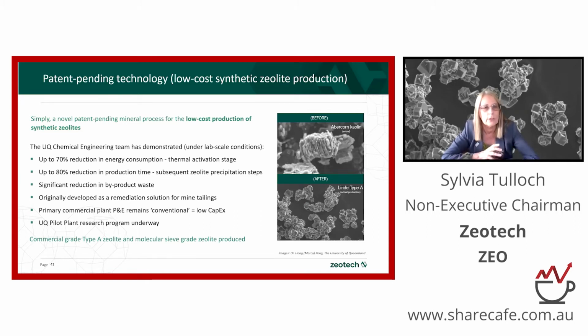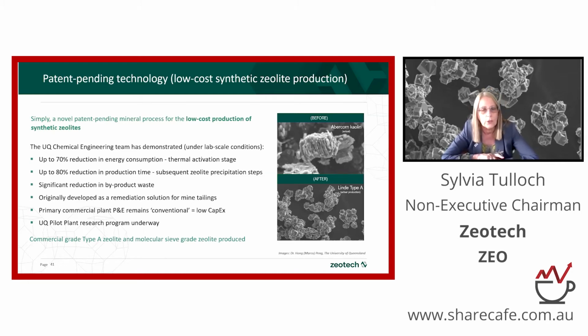Now, I told you that about 80 years ago, the process for developing a synthetic type of zeolite was developed. And essentially, we make it the same way now as was done then, which was fairly expensive raw materials that are reacted together in a way that takes quite a lot of energy and quite a reasonable amount of time, and has some gel residues that are not very nice.